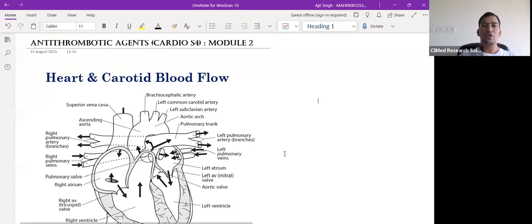So today we are going to discuss the antithrombotic agents and the pathophysiology of clot formation. So how exactly is the clot formed, what are the drugs being used for that, and what are the reasons? Multiple things.